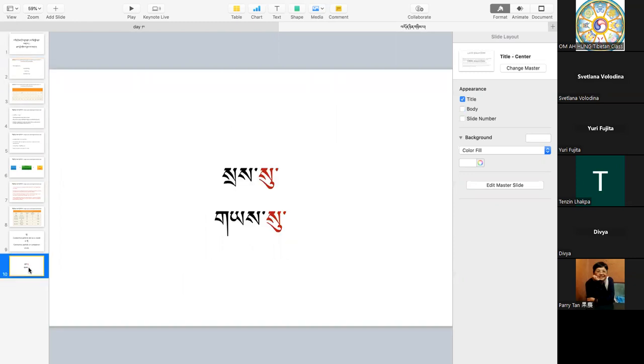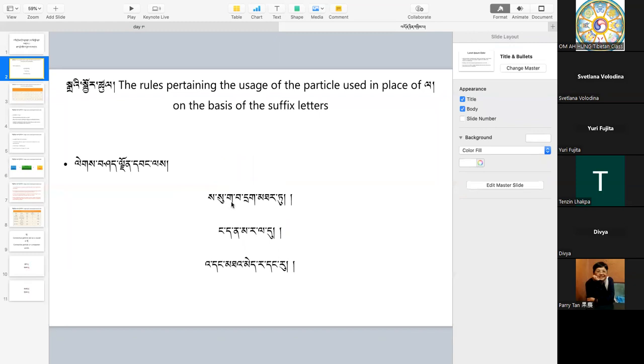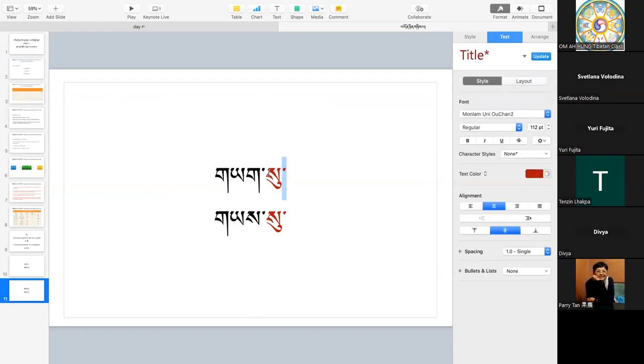So kapa traktar tu. If it has a suffix letter ka, yak. The rule states if it has a suffix letter ka, pa, and then a post suffix letter ta, then it will be followed by the particle tu. So yak tu. Right?